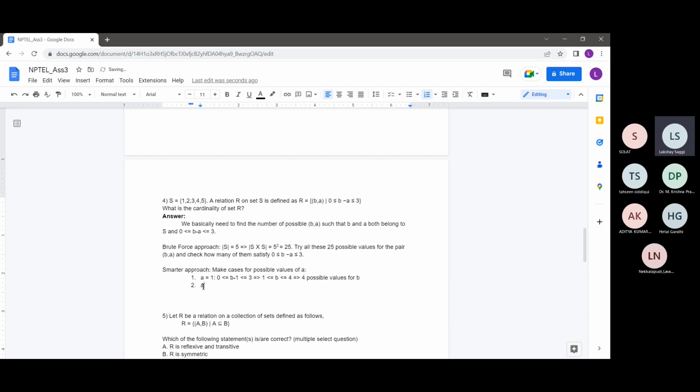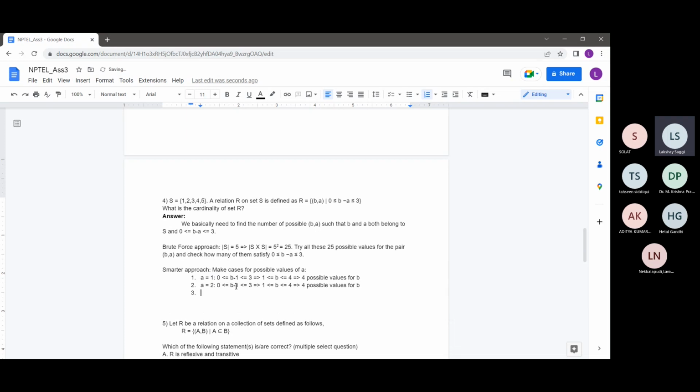So in case 2, A is equal to 2. In this case, similarly, we'll make the same claims. I'll just copy these, but edit them along the way. When A is 2, we'll have the constraint that 0 is less than or equal to B minus 2, which is less than or equal to 3.